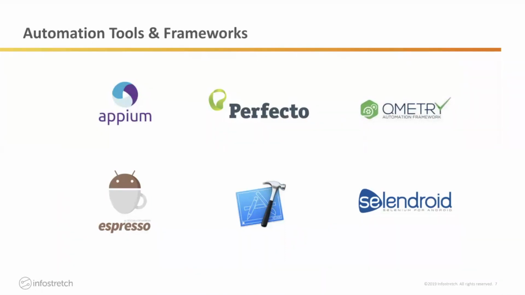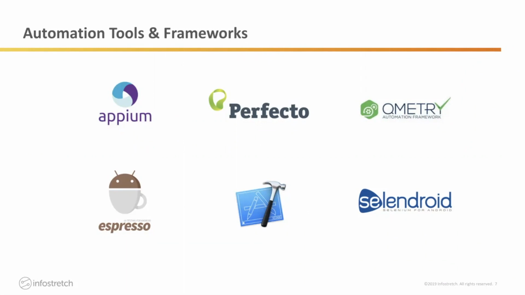It supports most languages like Java, C Sharp, Python, PHP, etc. There are also some other platform specific frameworks available, for example Espresso and XCUITest. Both Android and iOS provide their own native UI frameworks. These frameworks are more powerful and fast compared to Appium, but you need to write automation code alongside the application code.